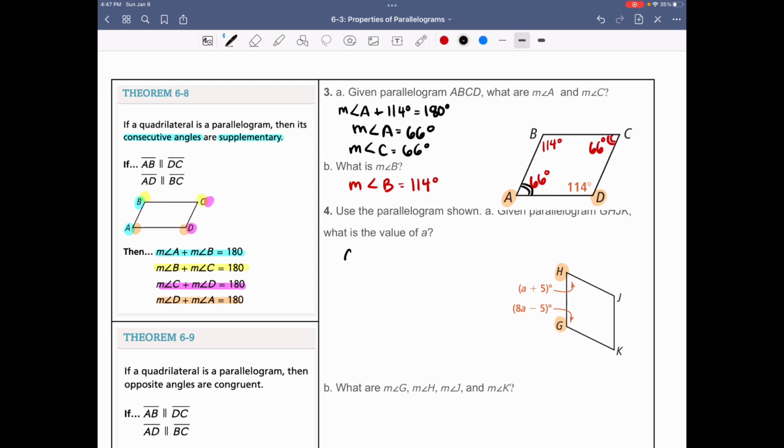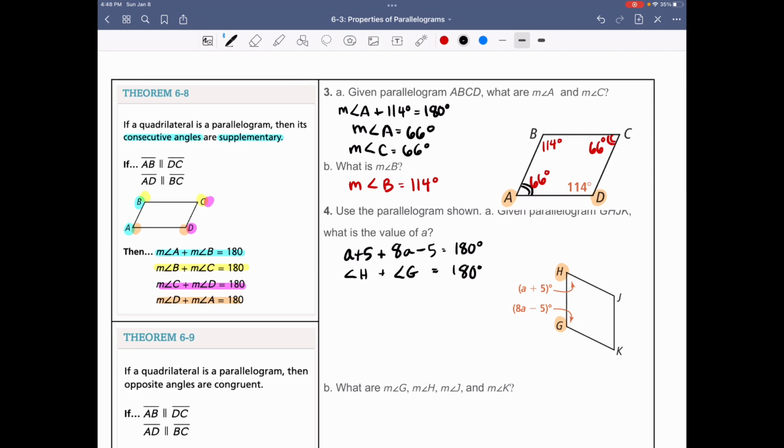So we're going to do A plus 5, that's angle H, plus angle G, which is 8A minus 5, adding those two angles together, has to equal 180 degrees because of the supplementary theorem.